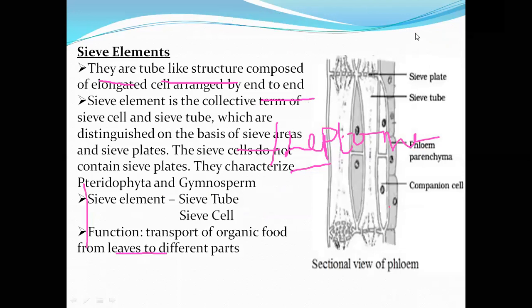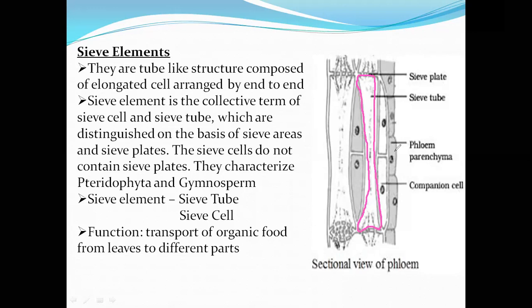Here you see the sieve elements are tube-like structures. See, this is the sieve tube. It is an elongated cell.